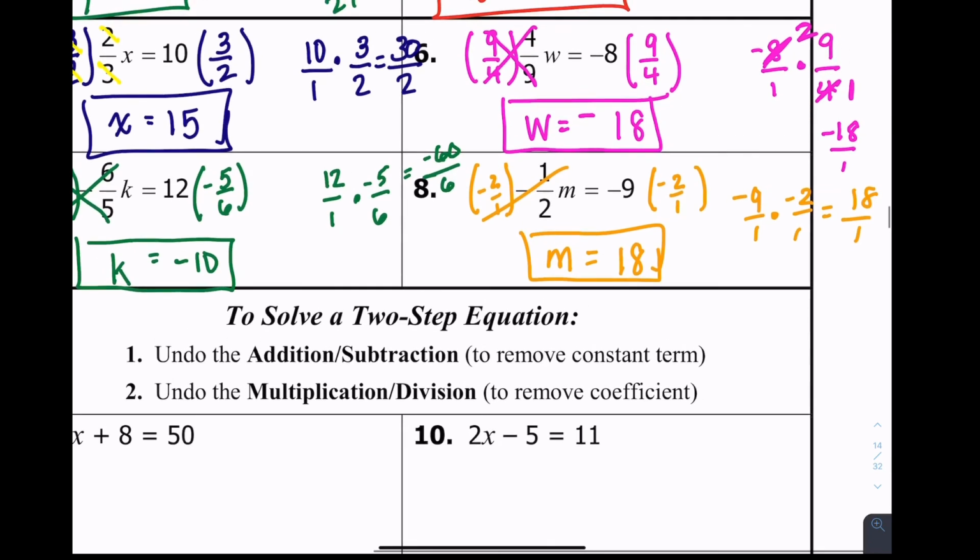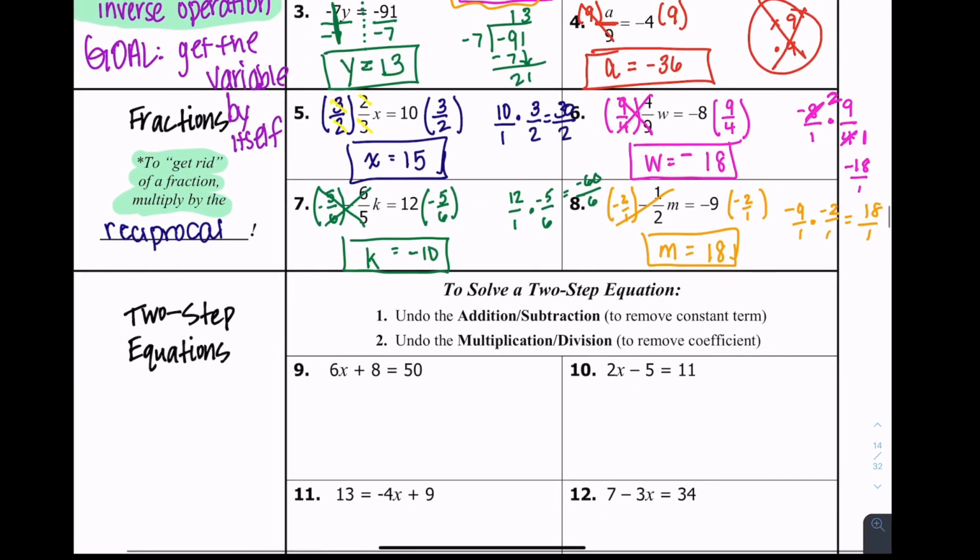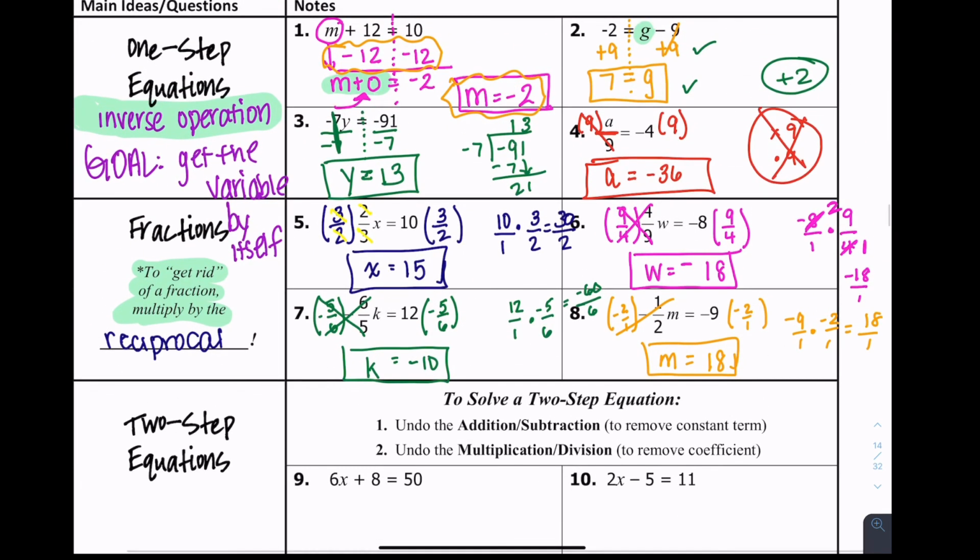So we just stepped through the work that you need to show. Right now, it might look a little sloppy, but that's why I would rather you do all this extra work somewhere else on a separate sheet of paper so that you can just show me the steps to solve. It is so important that you show the steps in a one-step equation in order to get credit.